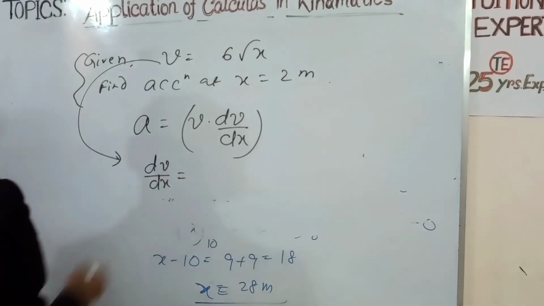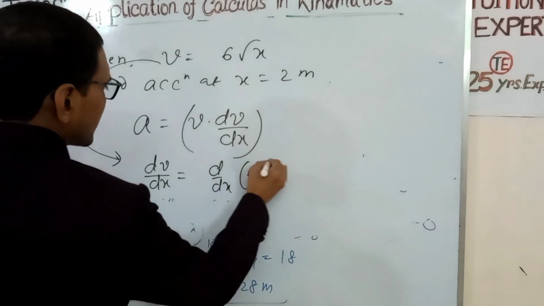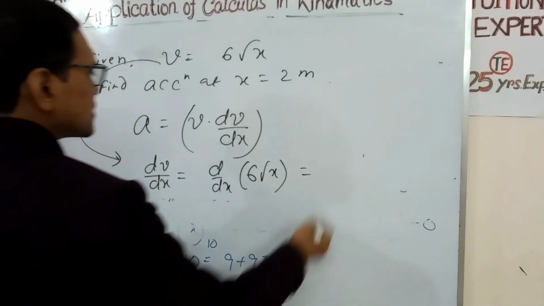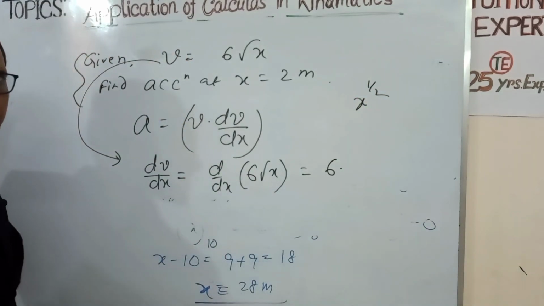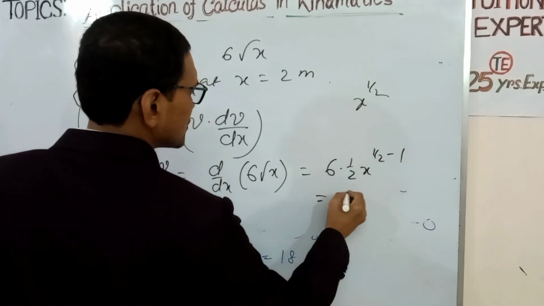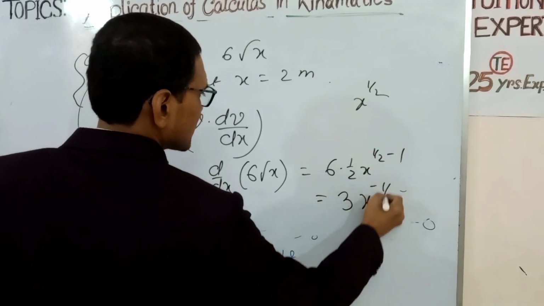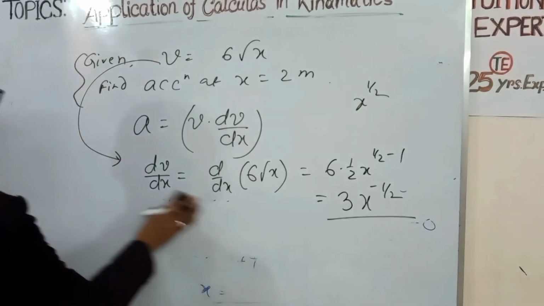We have to derive this with respect to x, d by dx of 6 root over x. So this is equal to 6 constant, x to the power half, derivative is half into x to the power half minus 1, which is equal to this. Now dv by dx we get.